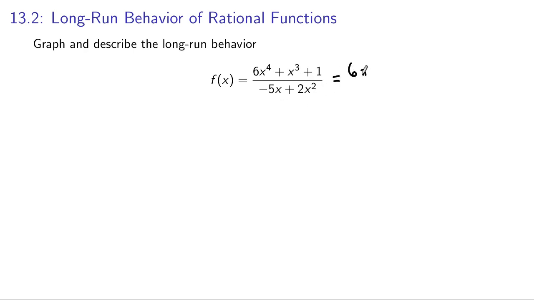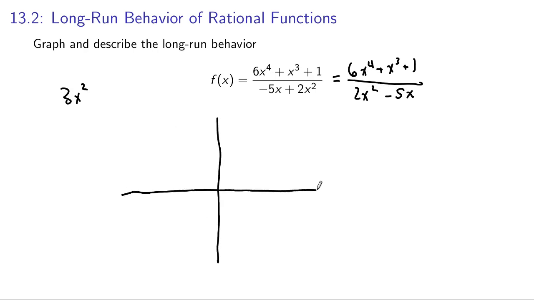On the bottom here we have the polynomial for the denominator not in order. So let's put the x squared first. So the leading terms are now actually in front, and when we divide them, we'll have 3x squared as our long run behavior. That's a power function, so we'll end up with a long run behavior that's a parabola that's scaled up by 3.